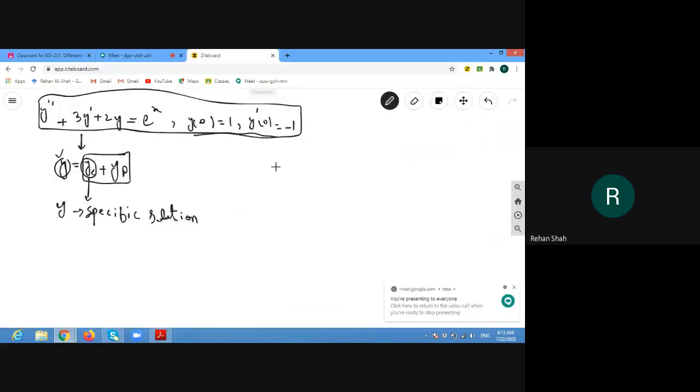So in Laplace transform, we have not defined it yet. Due to Laplace transform, actually we are solving the differential equation. Laplace transform की मदद से हम differential equation solve करते हैं.